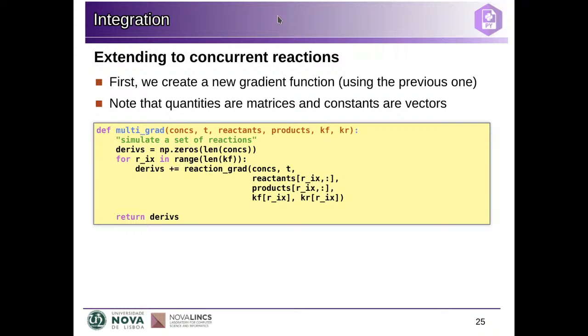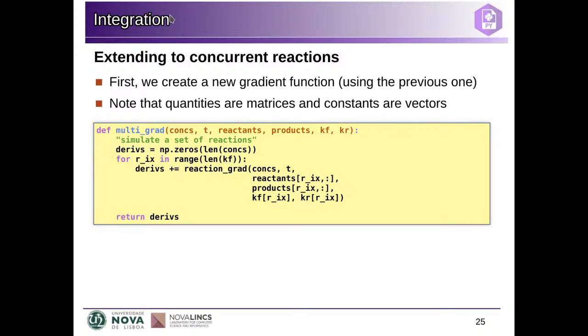So instead of using that gradient function for the reaction, we can do this gradient for multiple reactions, where we start with an array of zeros for the derivative of all the different species. And now we're going to loop through all the reactions and add the derivative contributed by each reaction.